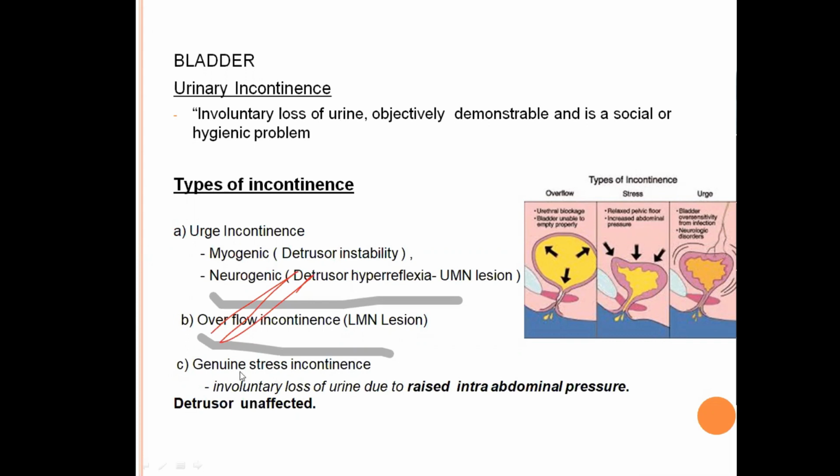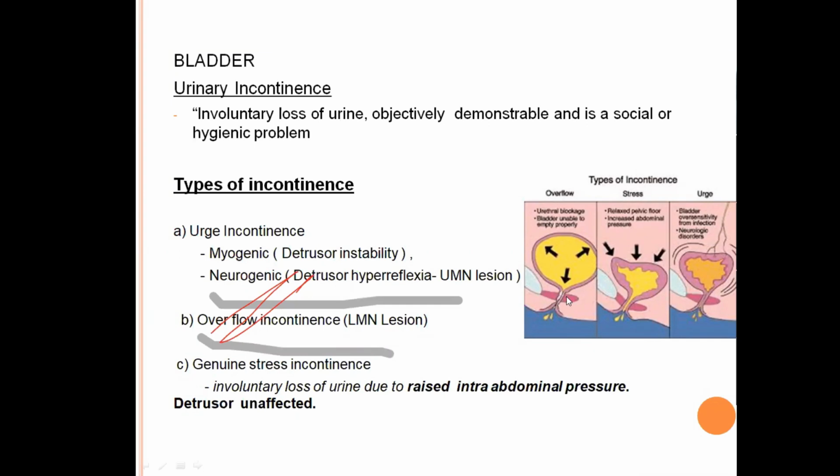What is called as genuine stress incontinence. The stress is an increased intra-abdominal pressure. Detrusor is unaffected. The nervous system is perfect. When the bladder is full, whenever there is an increased intra-abdominal pressure, normally the pelvic floor prevents the opening up of the smooth muscle sphincter.